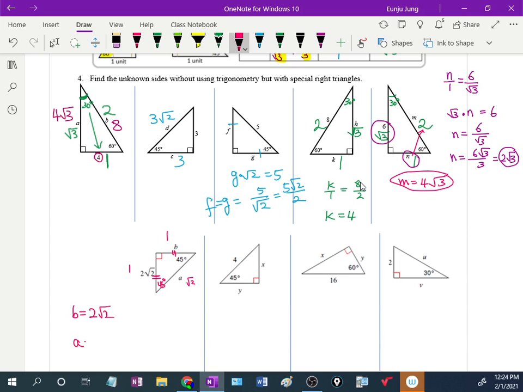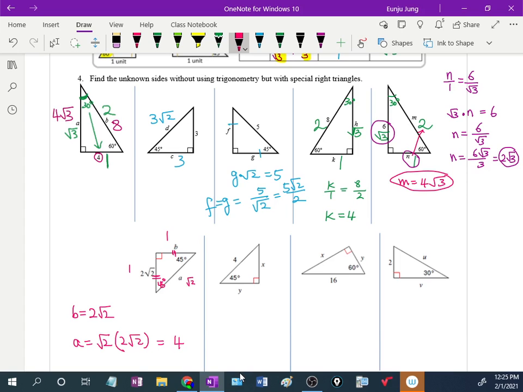What is the length for A? The diagonal, or half of the square here, or the hypotenuse of this special right triangle, is root 2 times longer than one side, right? Root 2 times longer than the one side. So let's simplify. Root 2 times root 2 is just the number 2. 2 times 2 is 4. So we can find all the answers by using ratio.